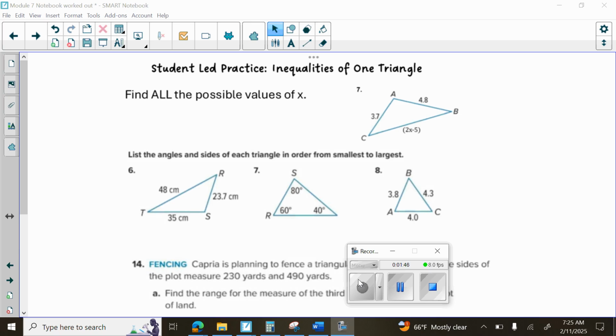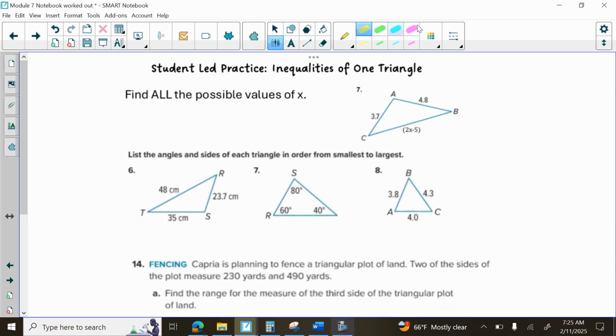So number 6, what is the biggest side of the triangle? TR, right? I want to go over it real quick. What angle is the biggest angle? Angle S is the biggest angle because it's opposite the biggest side. What's the next biggest side?